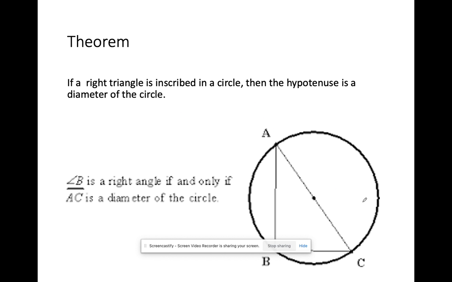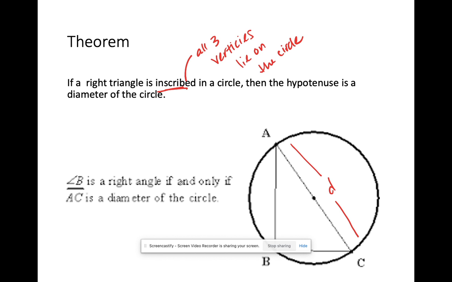So if you have a right triangle that is inscribed in a circle, so remember this means that all three vertices lie on the circle, then the hypotenuse of that triangle is a diameter of the circle. So here we have, if angle B down here at the bottom is a right angle, then that tells me AC is a diameter of the circle.